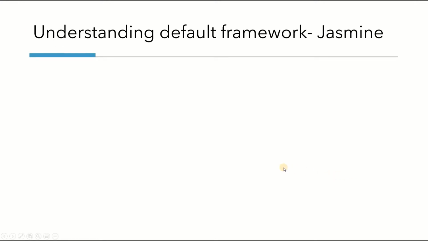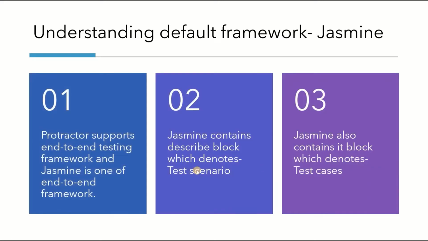So guys, before we start understanding Jasmine framework through code, let's understand it theoretically. In the first session, we explained that Protractor supports an end-to-end testing framework, and we had also explained what is an end-to-end framework. So guys, if you have not seen that session, I would be sharing the link of first session in the description.